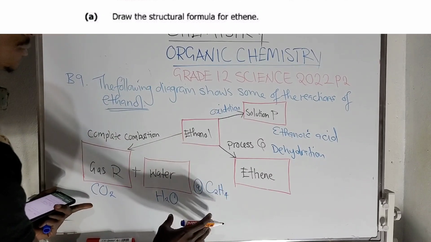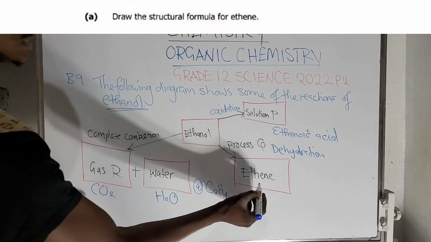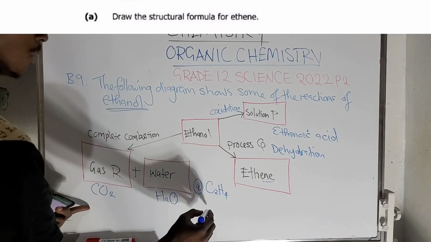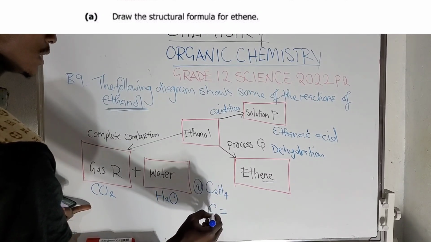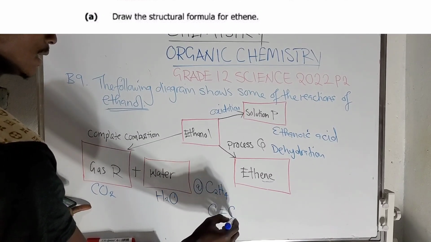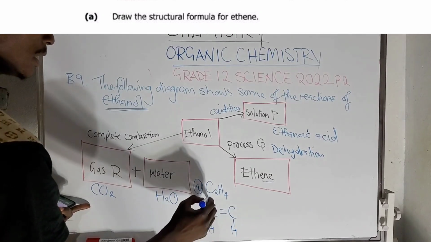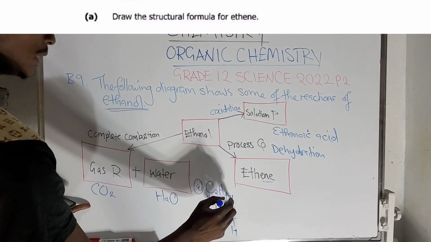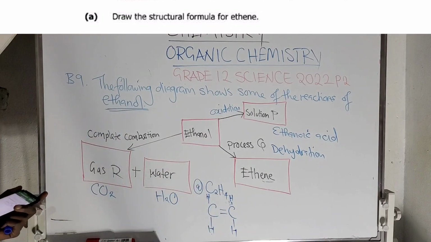Since ethene ends with -ene, it's an alkene, so it has a double bond between two carbon atoms. So C to C, like this. Then you have two hydrogens on top and two hydrogens below. So this is the structural formula for ethene.